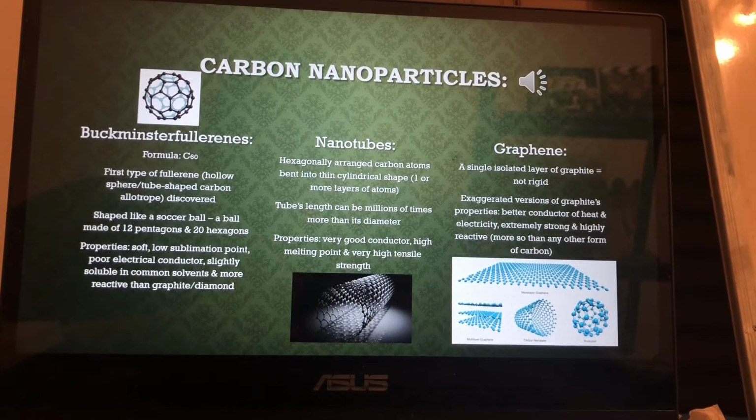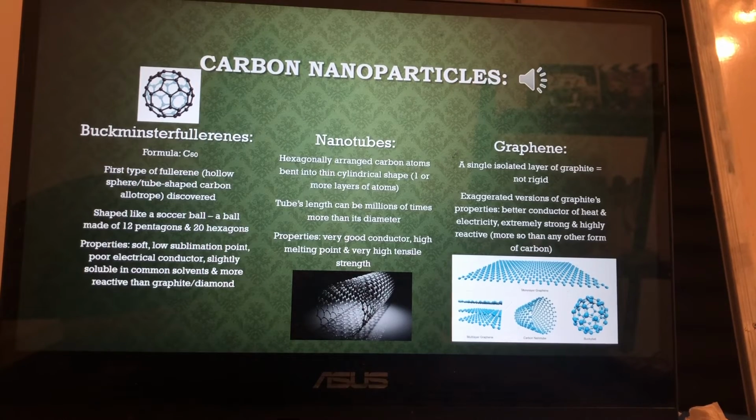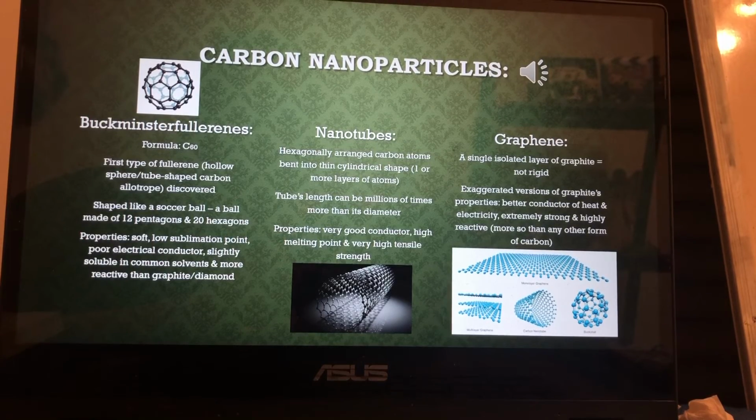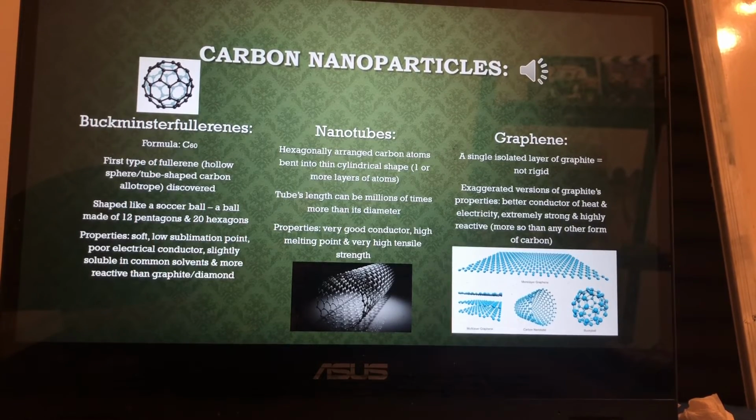And then finally you have graphene, that is a single flat layer of graphite, and it's extremely flammable but also extremely strong. It is basically said to have exaggerated versions of the traits of graphite.